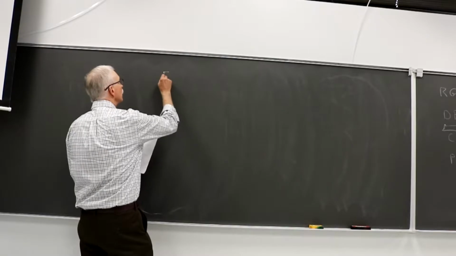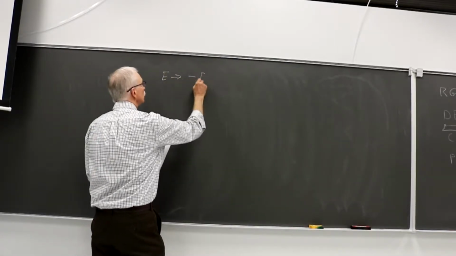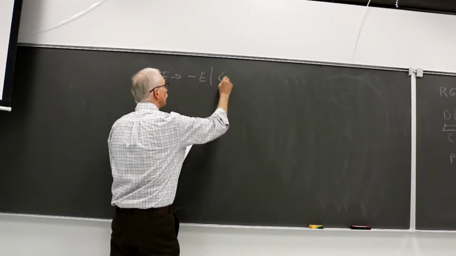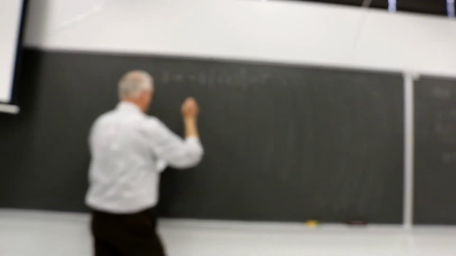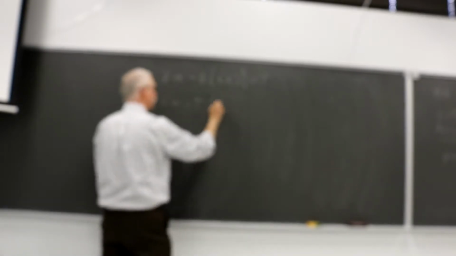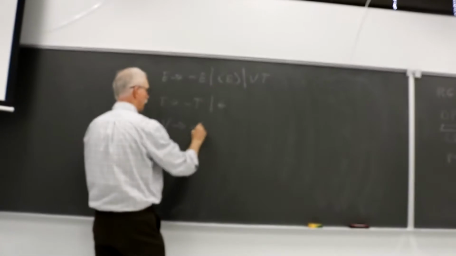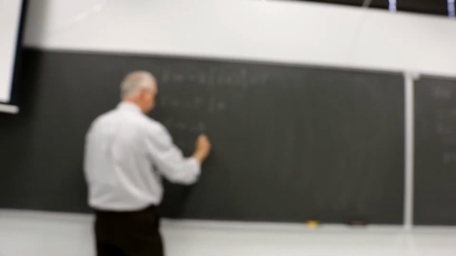So I've got a grammar. E goes to minus E, or paren E paren, or VT. T goes to minus T, or empty. V goes to AX. X goes to paren E paren, or empty.